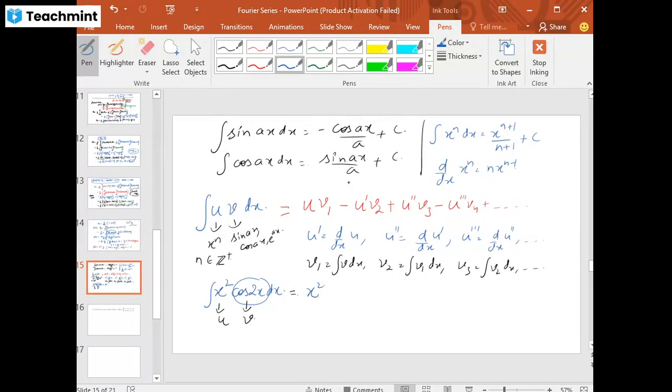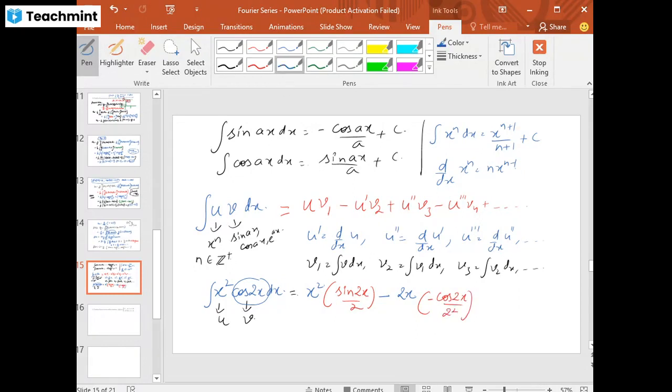It is sine ax upon a. So the integral of cos 2x is sine 2x upon 2, minus u dash. What is the derivative of x square? This is 2x, into the integral of v1, that is v2. What is the integral of sine 2x? Minus cos 2x upon 2. The 2 is already there, so it is 2 square.